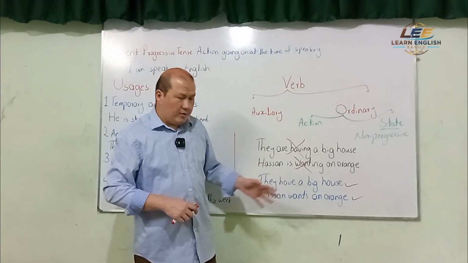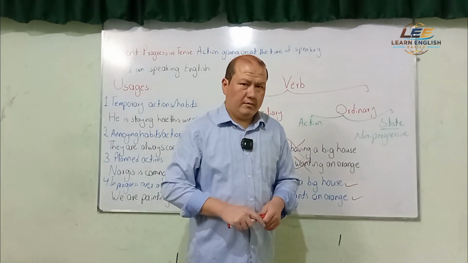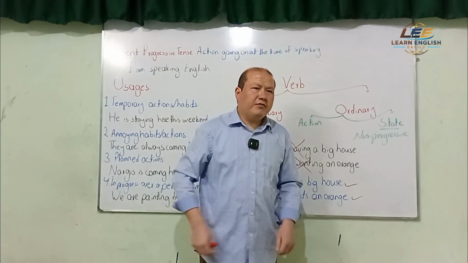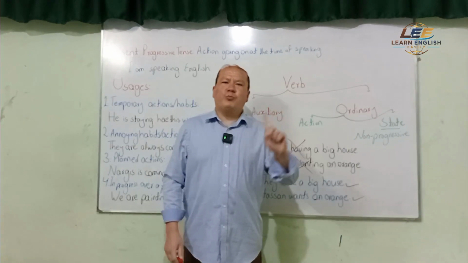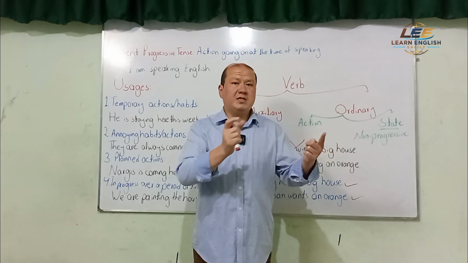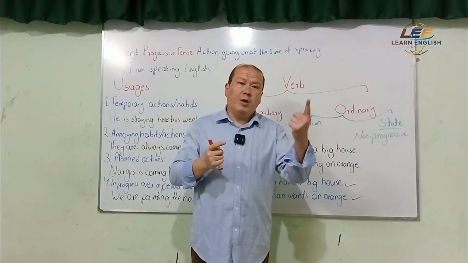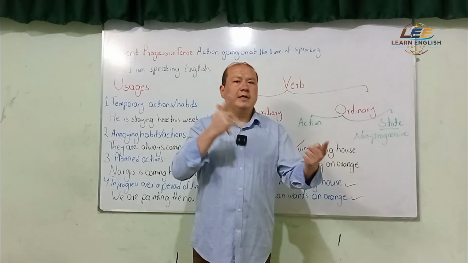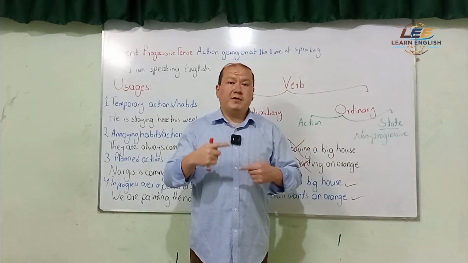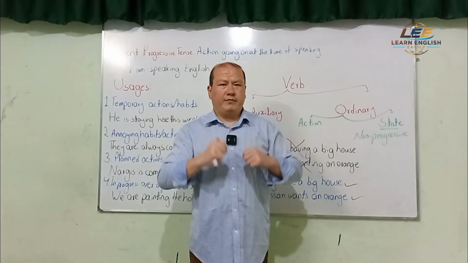The same case goes with all progressive tenses. It means if you have past progressive tense and the main verb is a state verb, you will go one tense back. You will change past progressive tense to simple past tense. If it is future progressive tense, you will change it to simple future.